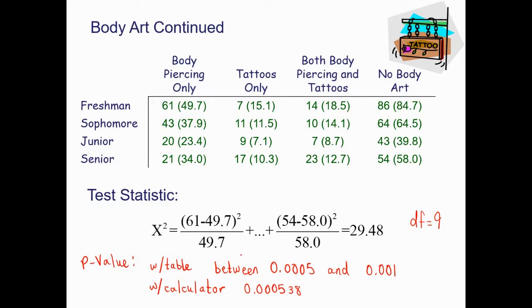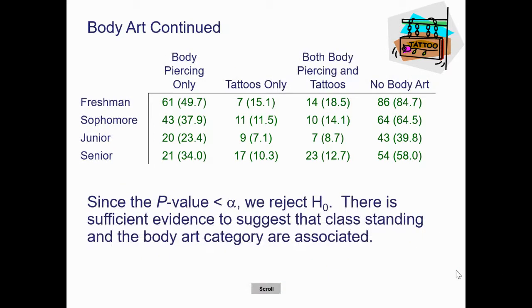Okay. So based on this, do they give us an alpha for this problem? 0.01. So what would we do based on our p-value? We reject. That's right. Since the p-value is less than alpha, we reject H0.